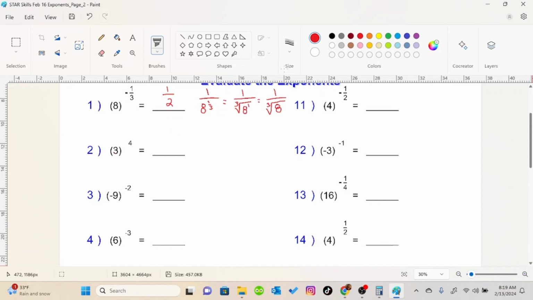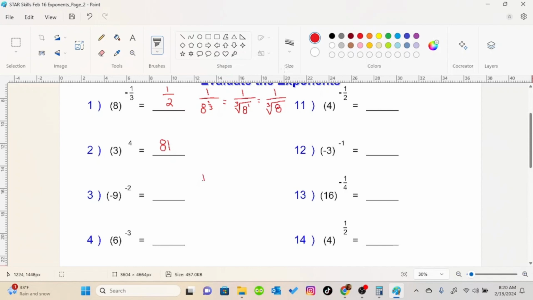Number 2, we have 3 to the power of 4. 3 times 3 is 9. 9 times 3 is 27. And 27 times 3 is 81. Number 3, we have -9 to the -2 power.